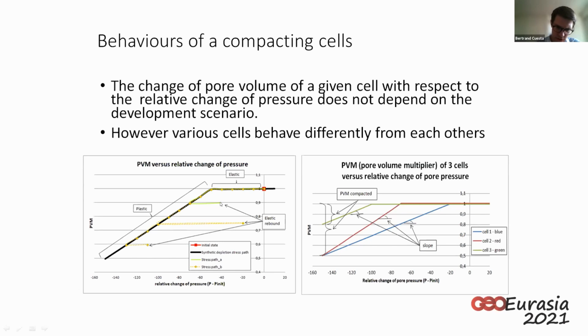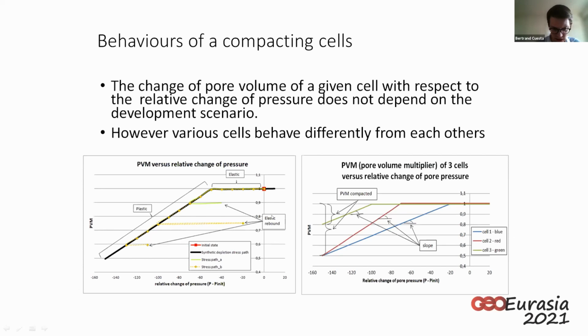Now, if we deplete again, then we will go back to the black line and follow again the black line. If we consider a second scenario where we would deplete much more, this is the orange line, then again, even if we deplete, we re-inject and we recover part of the lost porosity, we won't recover it fully. And if we deplete again, we resume depletion, we will catch back the black line.